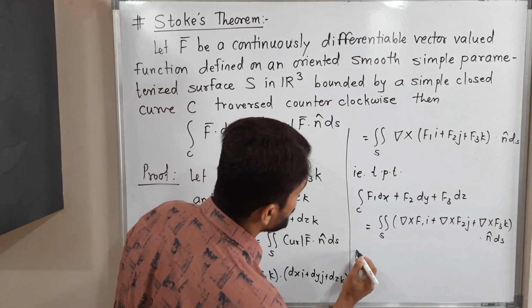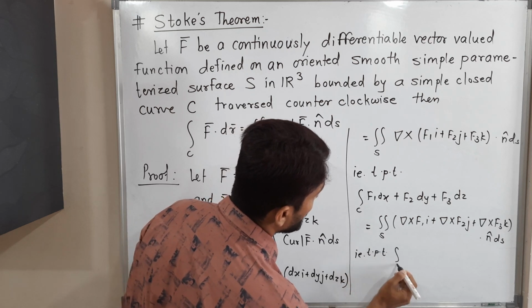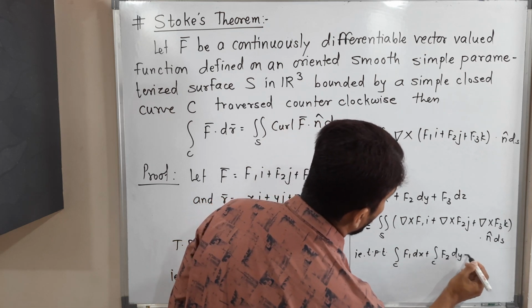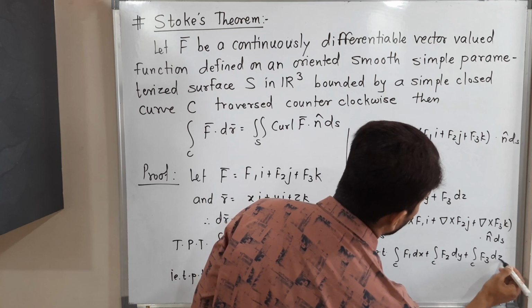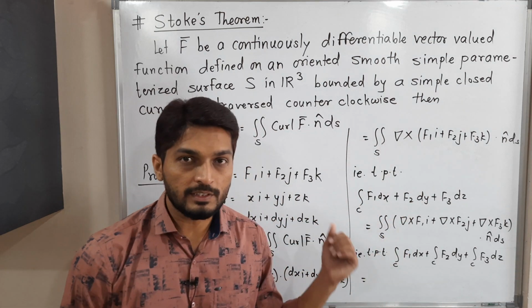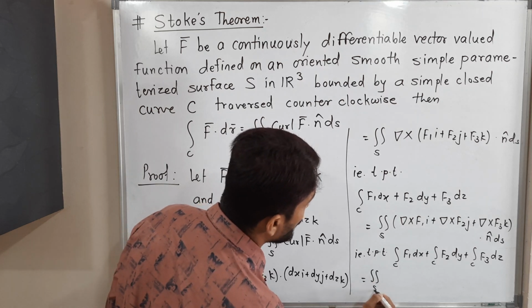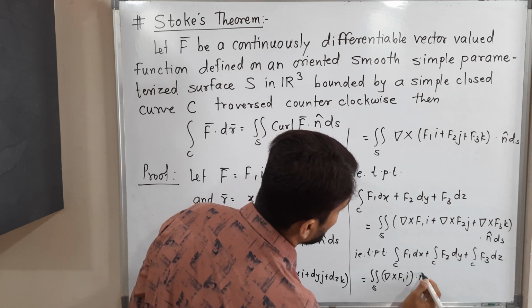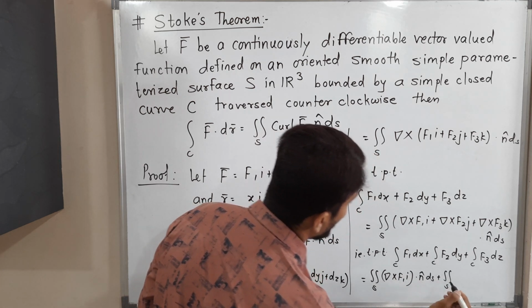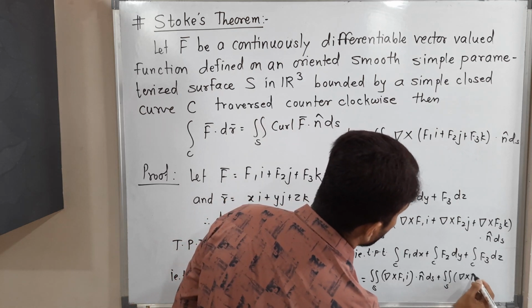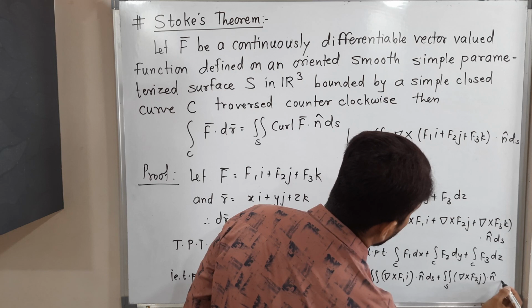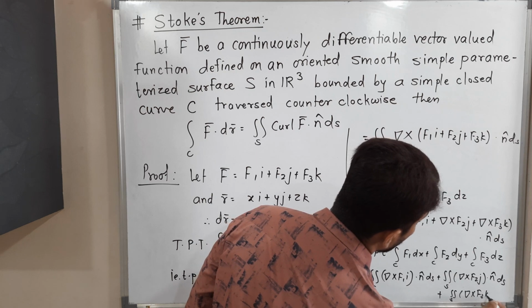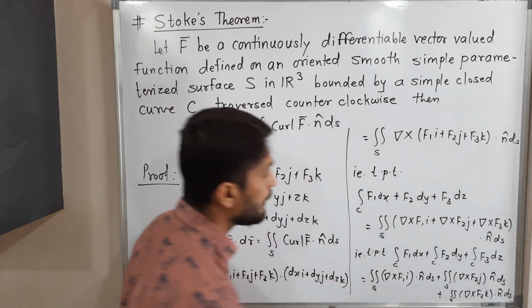That is to prove that integration over C f1 dx plus integration over C f2 dy plus integration over C f3 dz is equal to, I can do the same thing for this surface integral also: double integration over S del cross f1i dot n cap ds plus double integration over S del cross f2j dot n cap ds plus double integration over S del cross f3k dot n cap ds. That means we have to prove exactly.